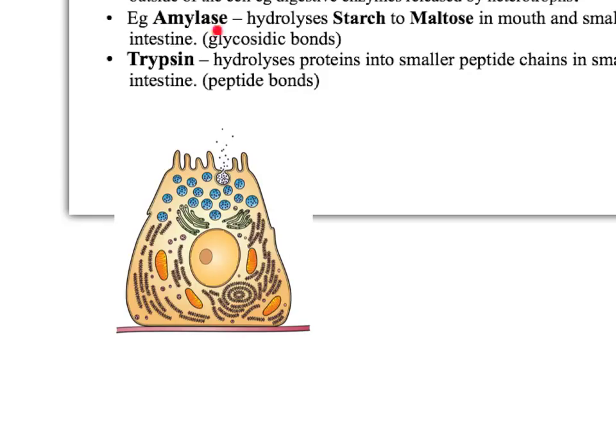And it could be amylase if we're dealing with a cell that produces this particular enzyme, or it could be a cell that produces trypsinogen, which is the inactive form of trypsin.